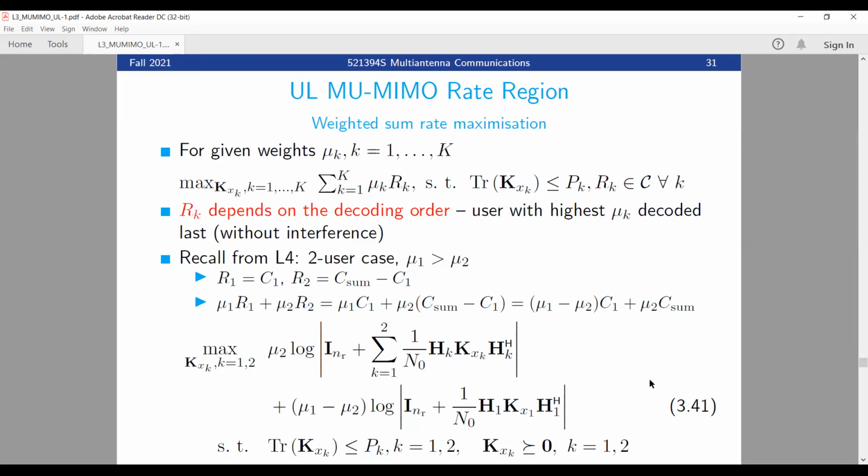This is concave with respect to kx1. And this you can plug into CVX and so on. These are the constraints: you have the individual power constraint and then positive semi-definite constraints. This is a convex optimization problem, concave objective and convex constraints. Maximizing a concave function is the same as minimizing minus the concave function, right? It is convex.